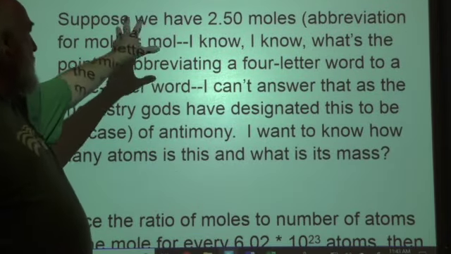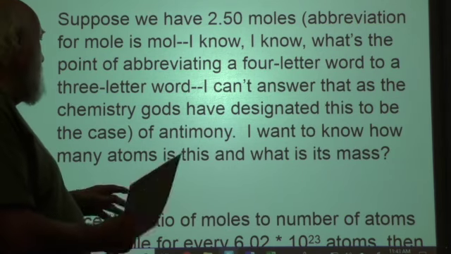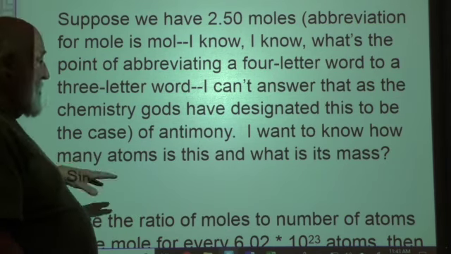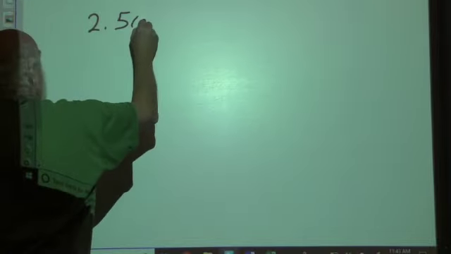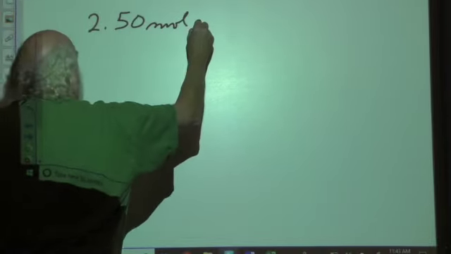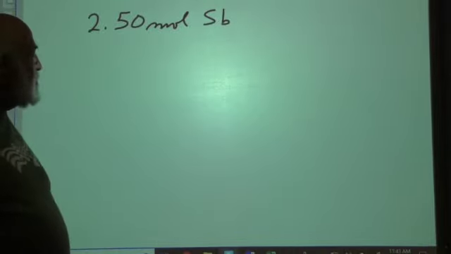So let's suppose we have 2.5 moles of antimony. And I want to know how many atoms this is and what the mass is. Antimony is Sb.